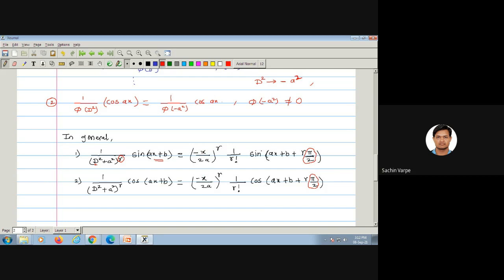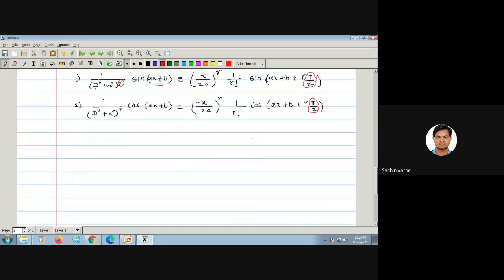Now mainly this case is for sine and cos only. For example, if we have a differential equation like solve D square plus 3D plus 1 times y equal to sine of 2x, then we can directly use this case for getting the particular integral.